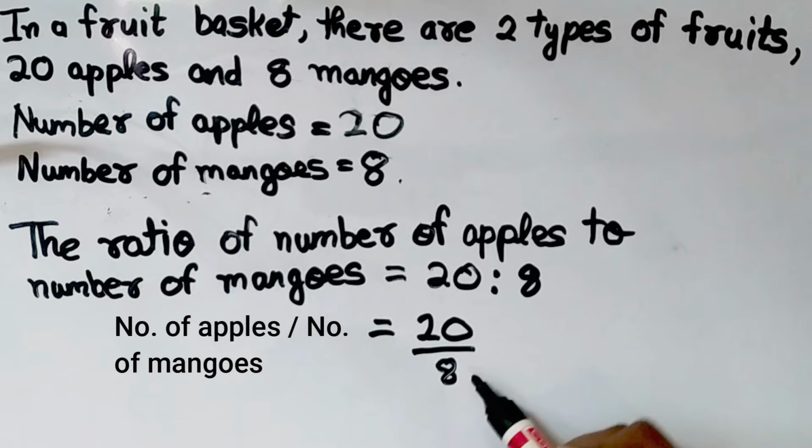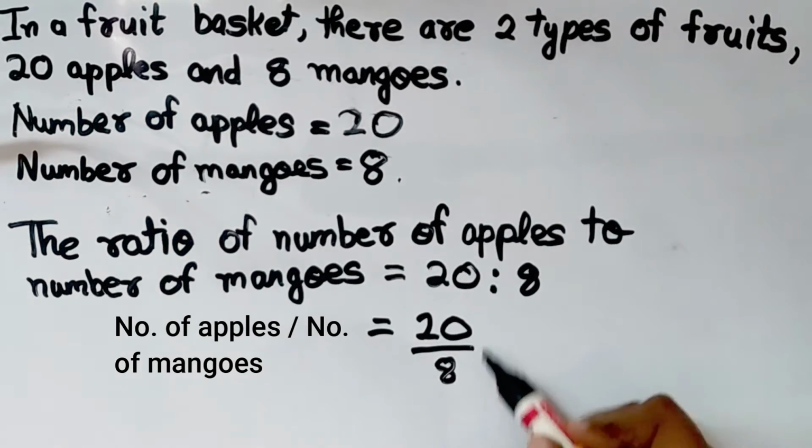See carefully, here we have to find ratio of number of apples to number of mangoes, right? So number of apples is coming first in the ratio. So number of apples will come in the numerator, and the number of mangoes will come in the denominator. So this is how you will write the ratio.